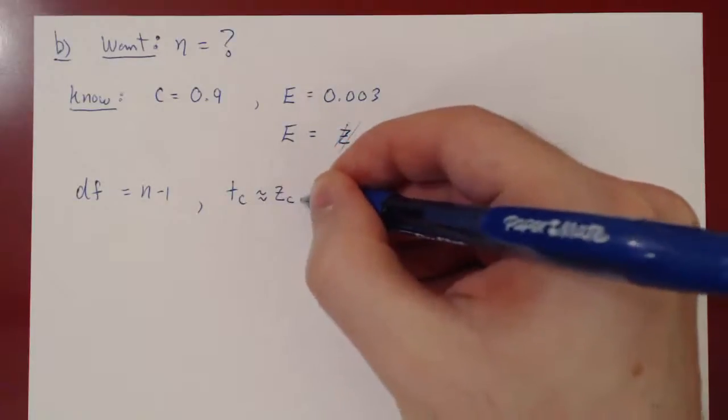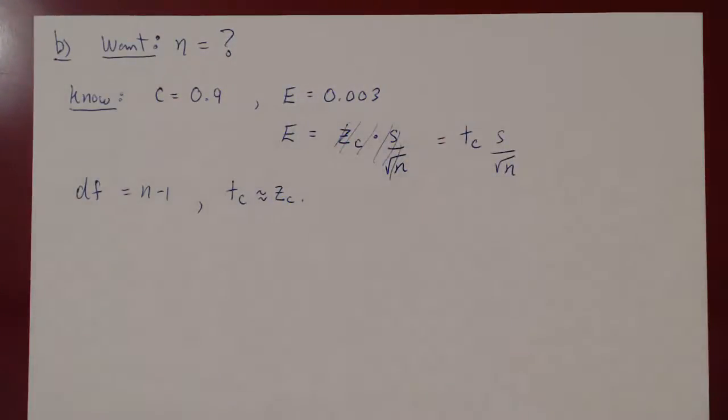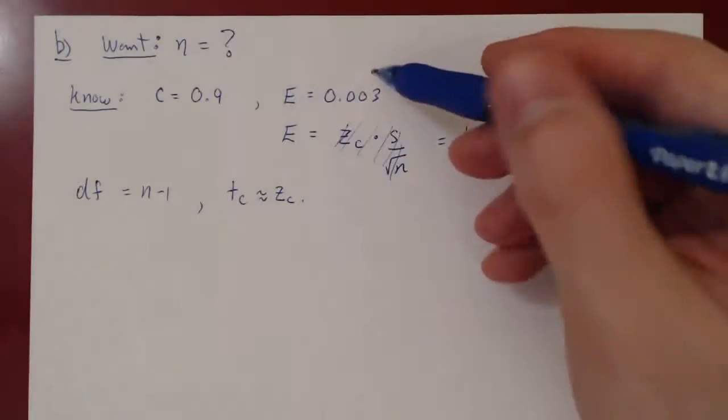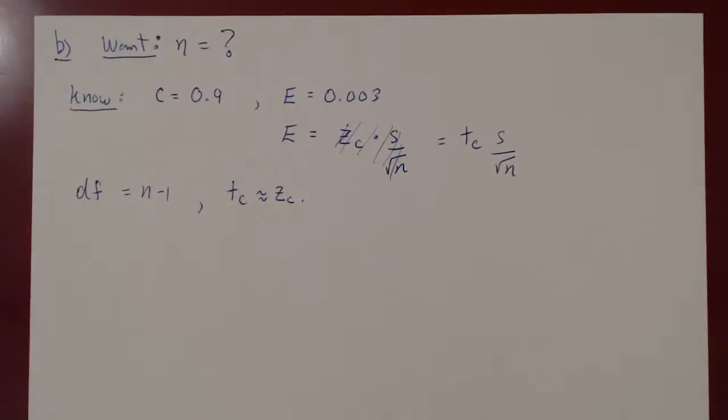And the reason for this is the following. In real life, you'll want to have a small error. And to have a small error, you will need a big sample. So n will have to be large. And what is true about the t and the z distribution is the following.